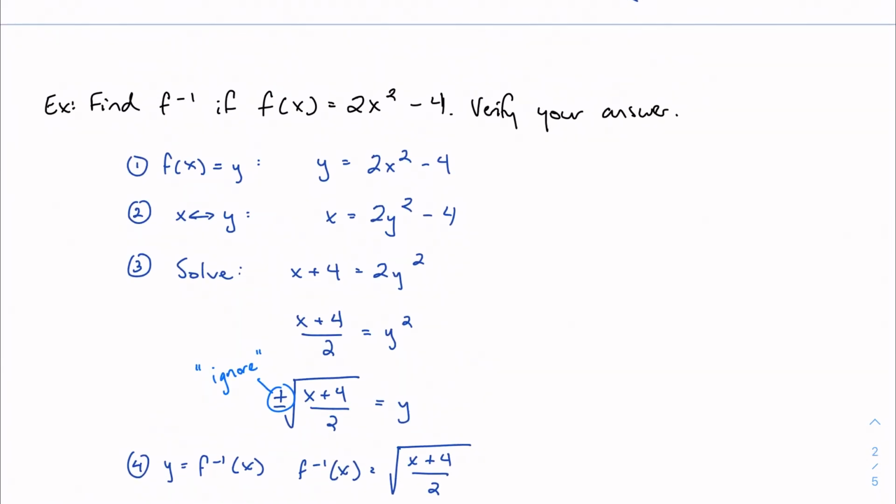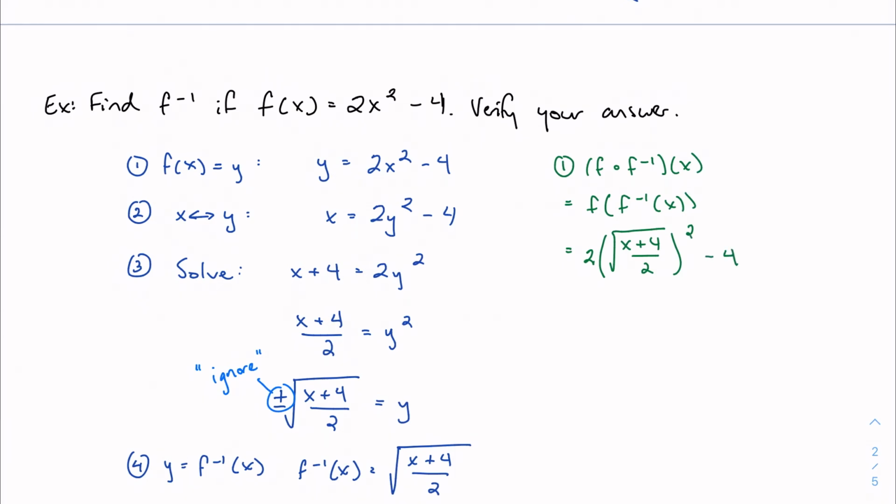And then I'm asked to verify, so let's do that too. First thing I want to verify is f of f inverse. I like this notation better when I'm actually working with it. So this would be 2 times the square root of x plus 4 over 2, squared, minus 4.